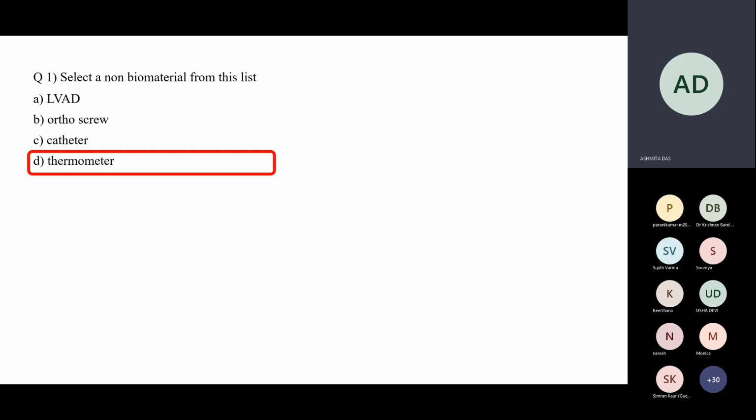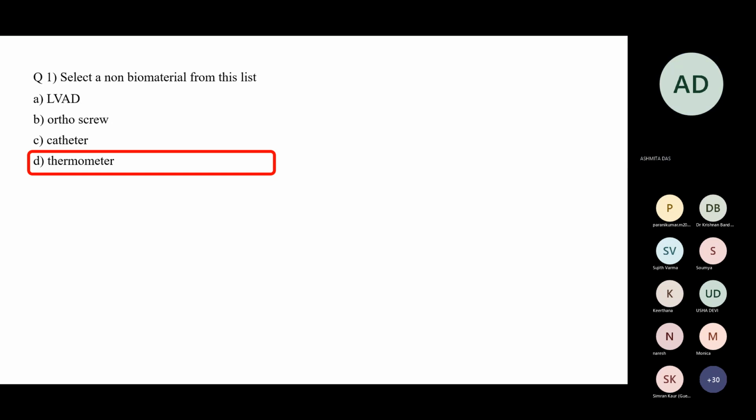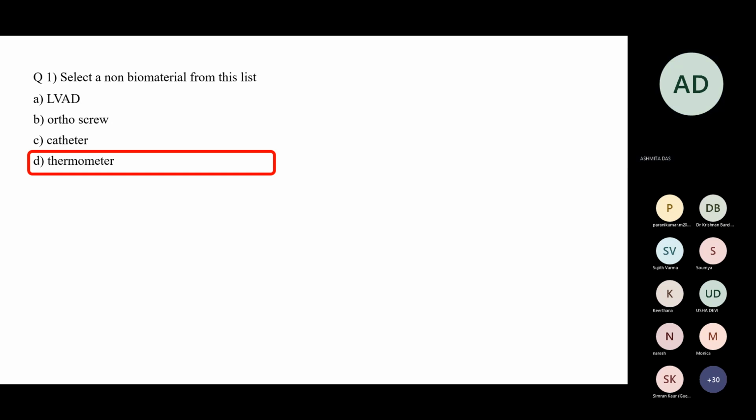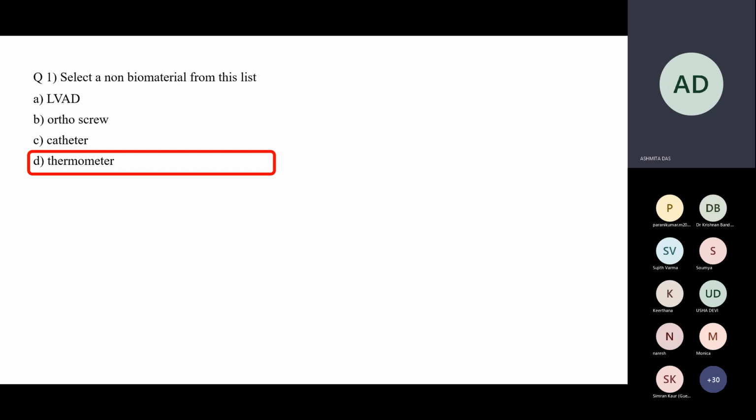This serves as a support for internal fixation of bones. A catheter is a tube that is inserted into your bladder, allowing your urine to drain freely. A thermometer is an instrument for measuring the temperature of any system. So, can anyone tell me how many types of ortho screw are present? Like as a general question.